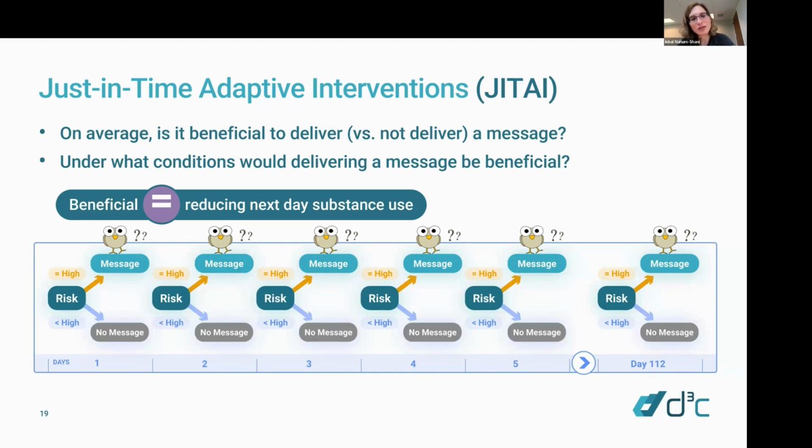You see, I'm not so sure that this message would be effective in reducing next day substance use compared to doing nothing on average in general. The second question that I have is about the conditions in which a message would be most beneficial. You see, here the assumption is that I should trigger a message when risk is high, but maybe I should trigger a message when risk is moderate to high. I'm not so sure. How do I answer these questions?